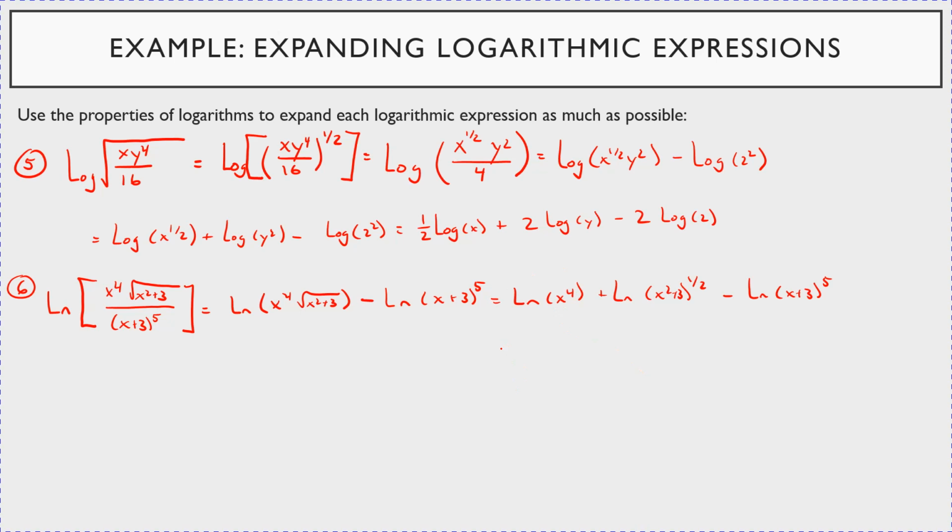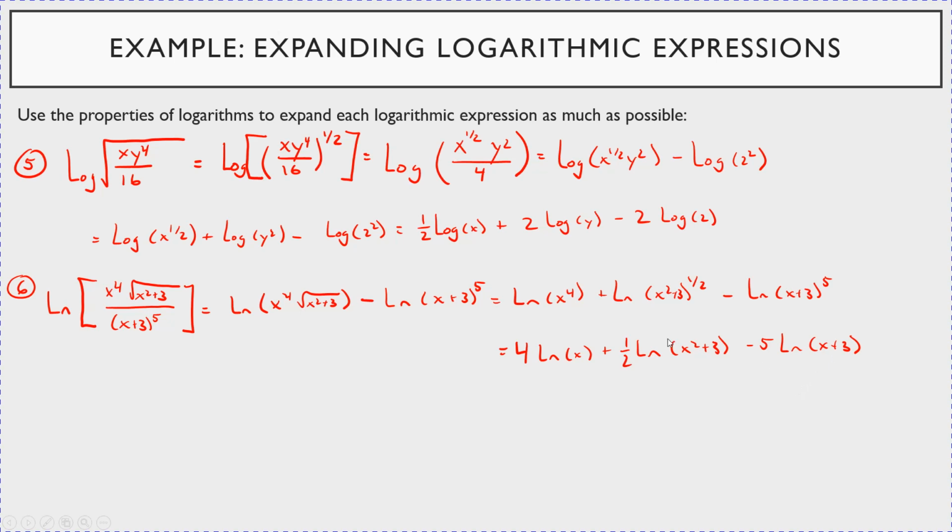Bring down the exponents. So this is 4 natural log of x plus 1/2 the natural log of x squared plus 3 minus 5 times the natural log of x plus 3. All right. So again, just following the rules. Break it up, break it up.